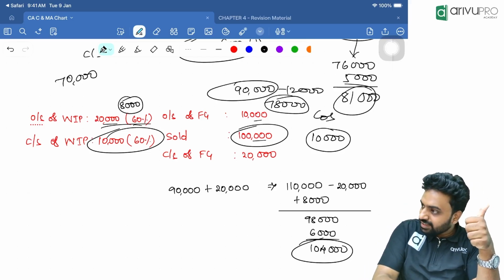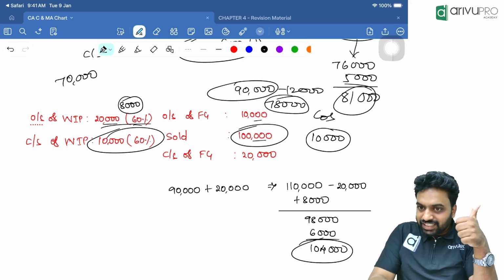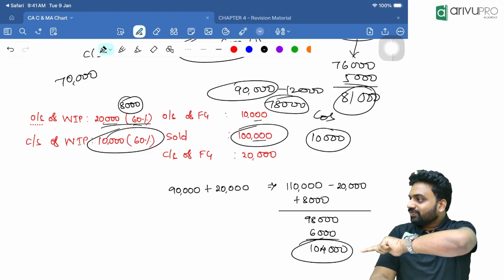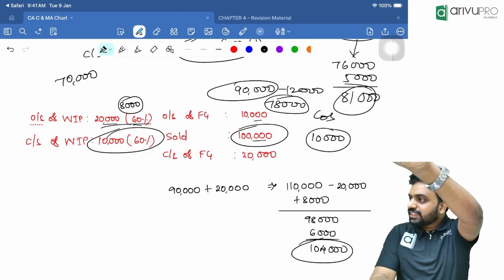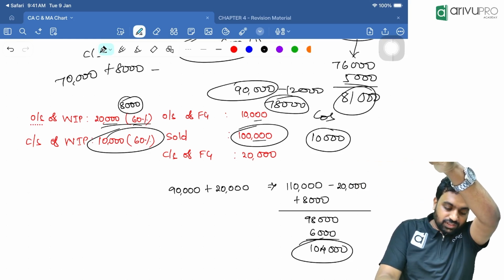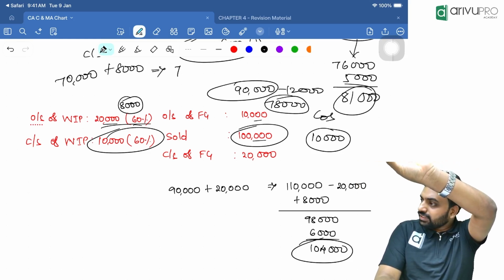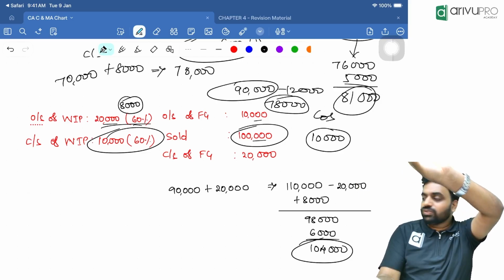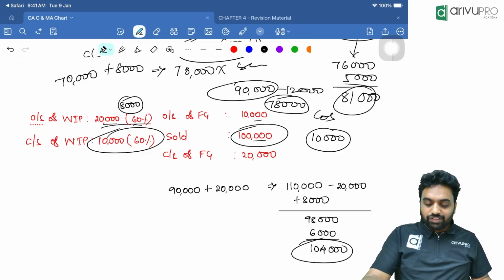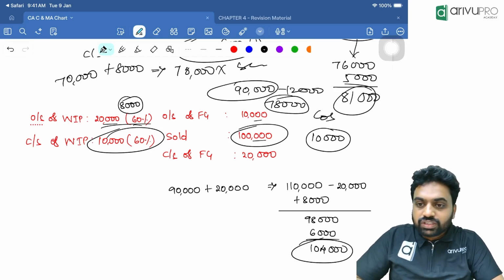You can think this way: 70,000 produced from scratch. The remaining 20,000 was what was there in opening WIP, which consumed resource equal to just 8,000 units. So although it was 90,000, it consumed resource equal to 78,000. 78,000 into supplementary rate I will multiply and charge it to COS.